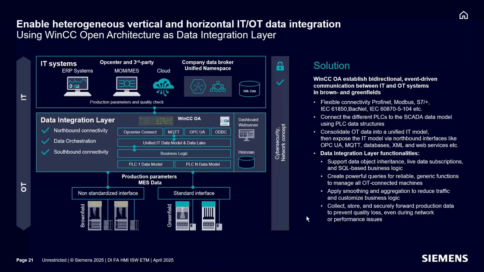We support more than 20. I will show you later which ones they are. And in a brownfield situation, you will have many others as well. There will be Modbus, Ethernet IP, and others. And all of them, of course, you want to collect and use in your data model.